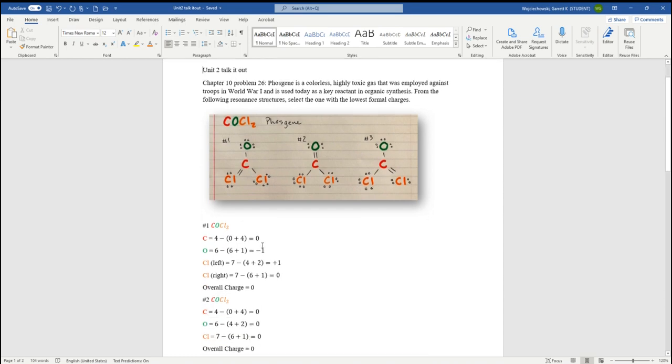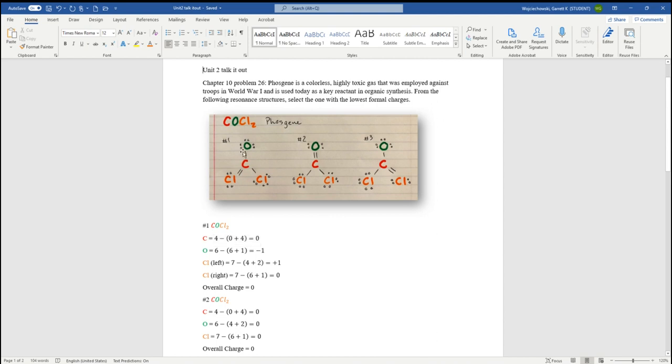So when we want to find the formal charge of a molecule, we need to write out each component one after the other, trying to find the charge of that individual element. We go by this format: the number of valence electrons for that element, which you find in the periodic table, minus, in parentheses, the number of non-bonding electrons.